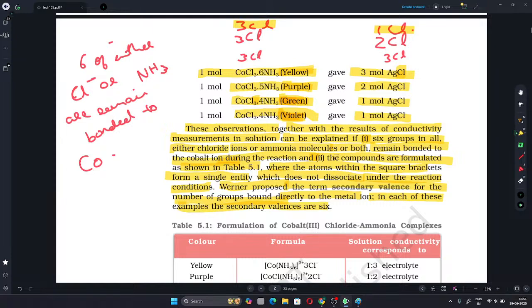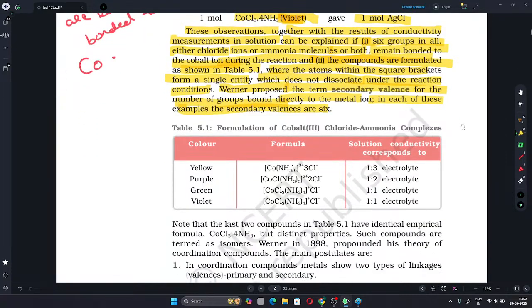The second scenario, the compounds are formulated where the atoms within the square brackets form a single entity which does not dissociate under the reaction conditions. Whatever they are showing here, if these do not dissociate, then also it is possible.